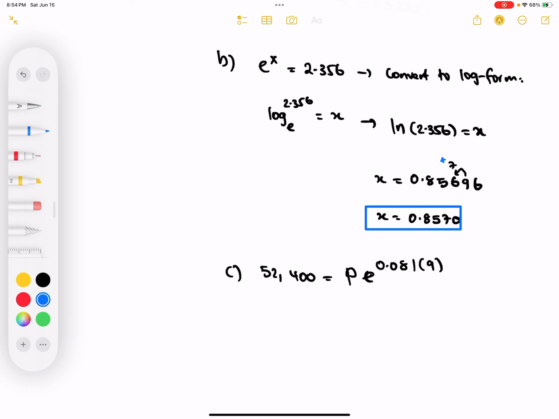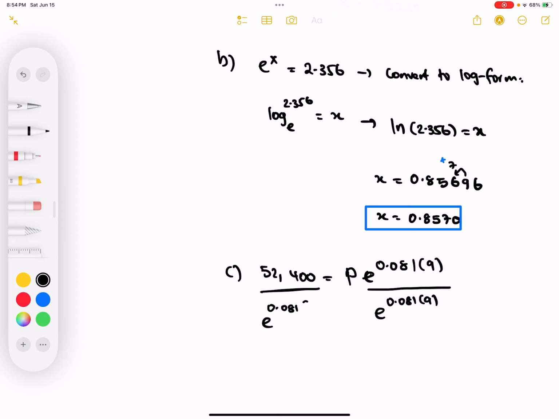In this one, the unknown is p. What I can do is simply divide both sides by e to the power of 0.081 times 9 so that I can isolate p. That is the objective of this question, to find the value of p.